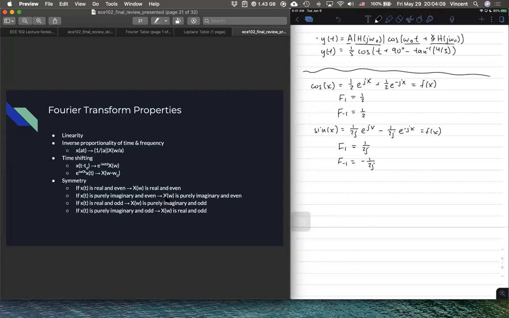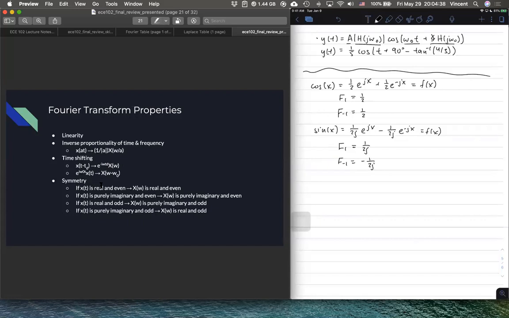So here are some properties, pretty similar to Fourier series. Linearity applies here. Inverse proportionality between time and frequency. These are just like the properties that you have in your table. It'd be good to have this on the test. If you time shift in the time domain, you'll get an exponential in the frequency domain, and likewise the other way around.